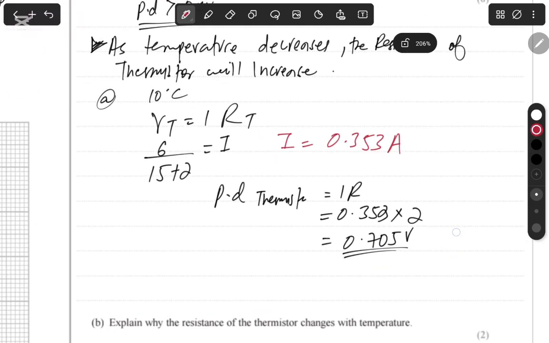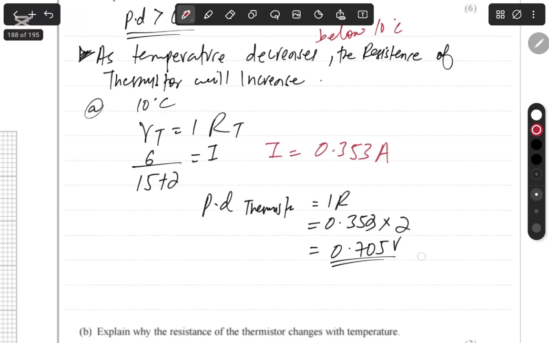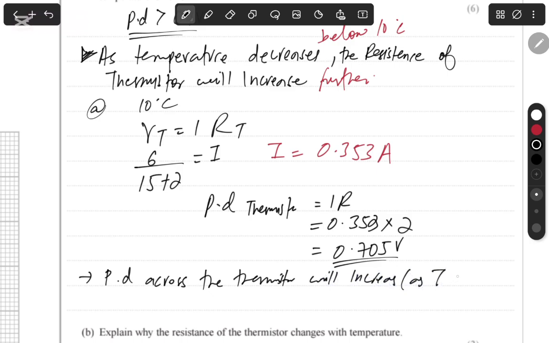Now, I referred to something above, and that was as the temperature decreases below 10 degrees Celsius, the resistance will increase further. Okay, let's write that here as well. And then you can say that the PD across the thermistor will increase as temperature goes below 10 degrees Celsius.